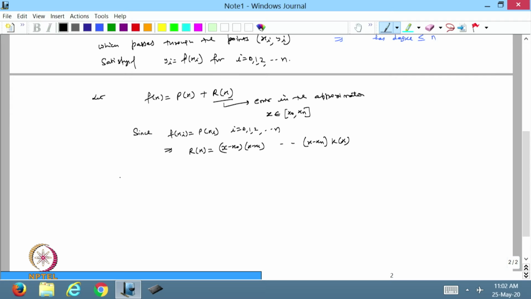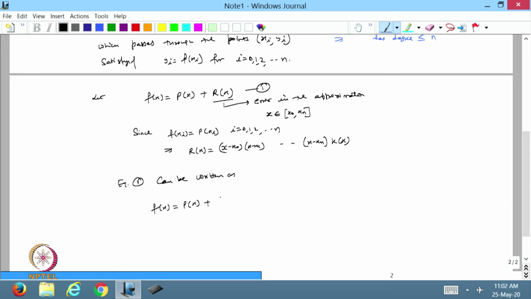From here, my equation number 1 can be written as f(x) is equal to p(x) plus R(x).